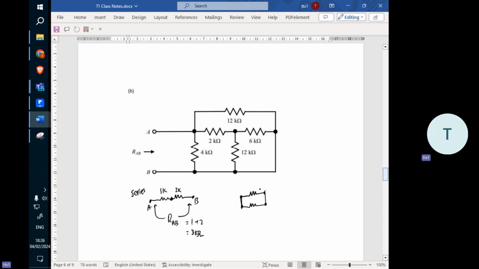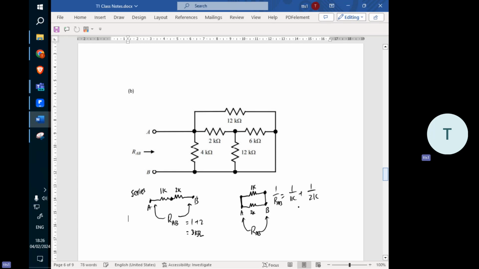In parallel, we have 2 components, but only 2 nodes. Let's call this A and this B. This node is the same as this node, just a wire only. Unlike the series, this one has 2 nodes. For 1K and 2K, the total equivalent resistance RAB is: 1 over RAB equals 1 over 1K plus 1 over 2K.